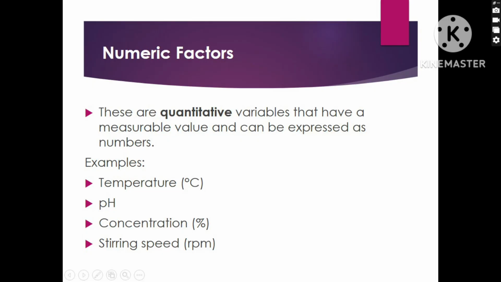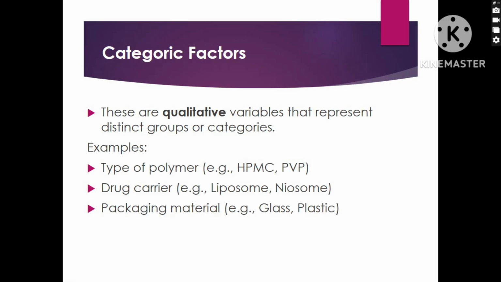Examples are temperature, pH, concentration, or stirring speed. Categoric factors are qualitative variables that represent distinct groups or categories, and examples are type of polymer used, drug carrier, packaging material, etc.